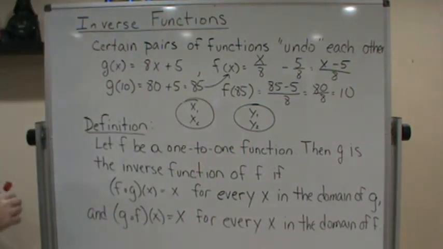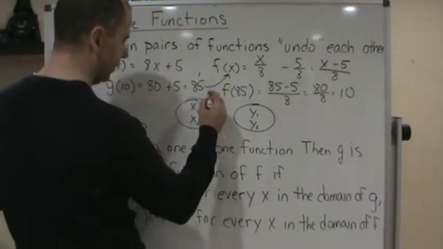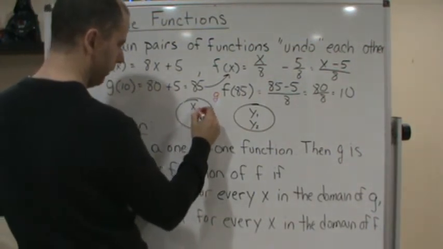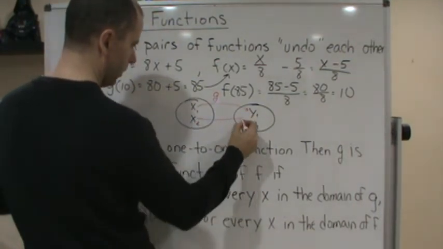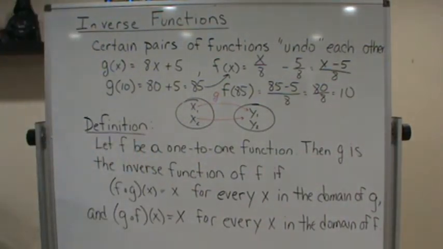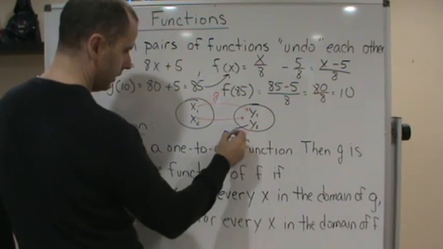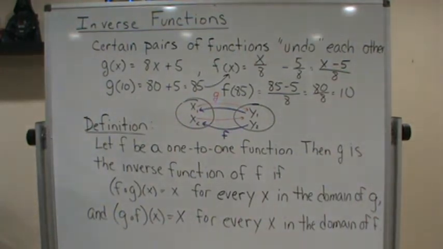The way we can look at this is that g takes x1 and maps it that way, and what f does is maps it back like that. And so that's a visual you can have as far as what inverse functions do.